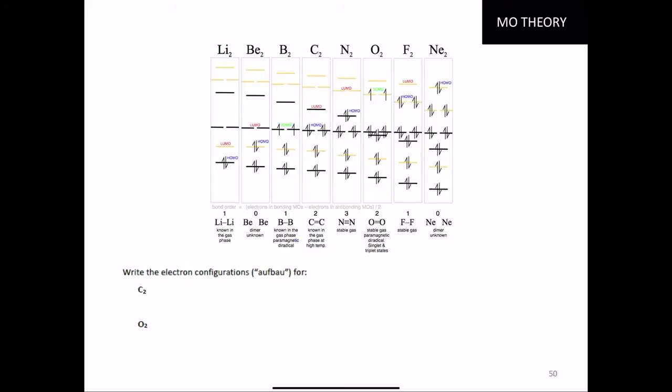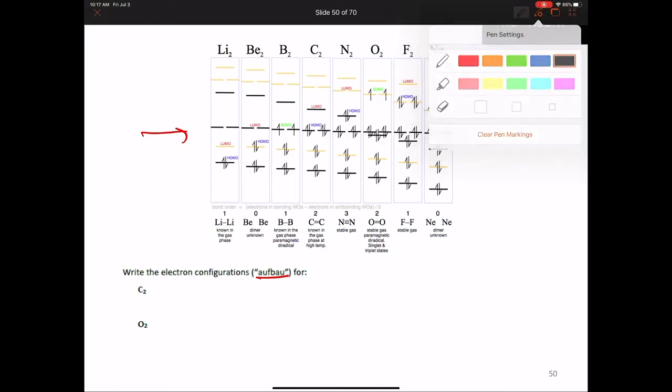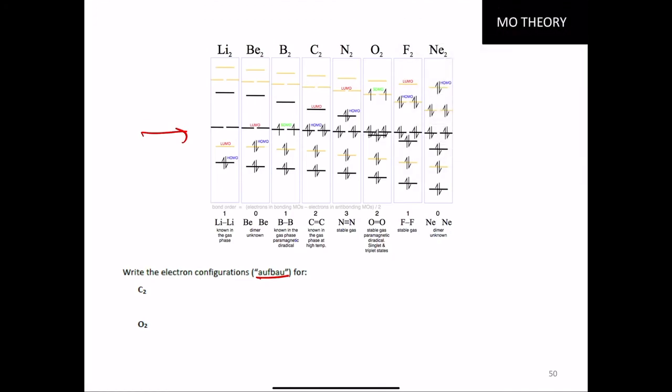Coming back here, we can write these Aufbaus or electron configurations for this. This is what we filled out already, but let's write it out. So the lowest energies here, sigma 1s2.